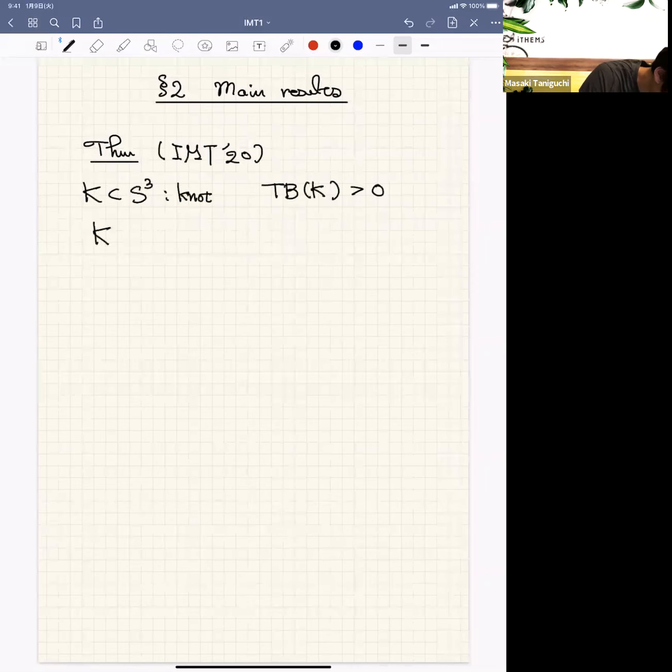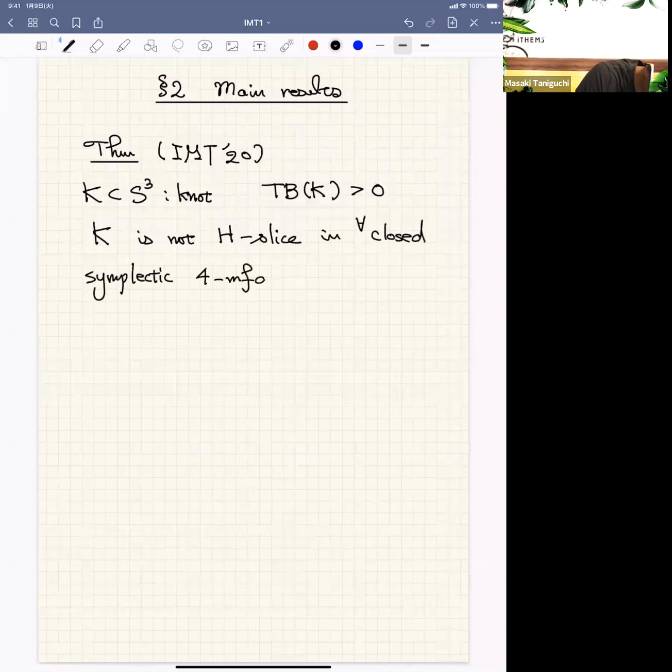Then K is not H-slice in any closed symplectic four-manifold satisfying b1 = 0 and b plus is congruent to 3 or 4.